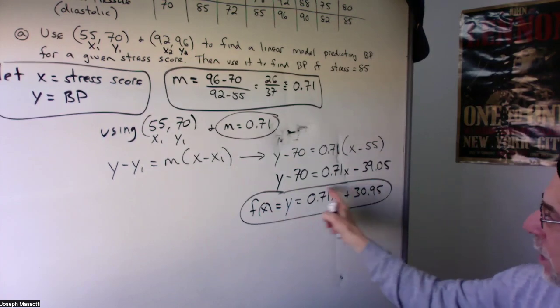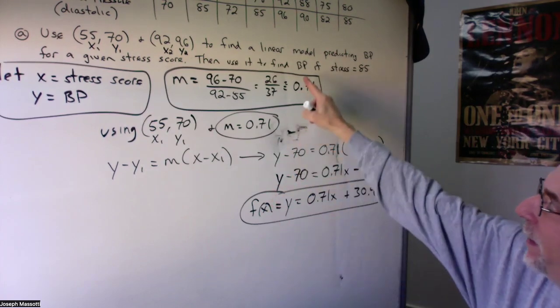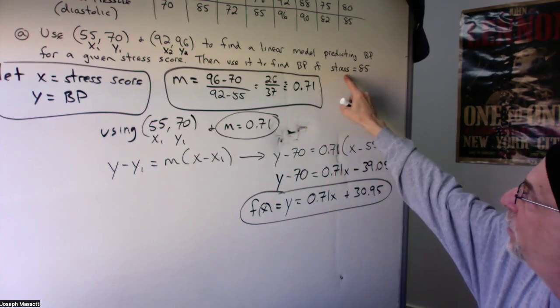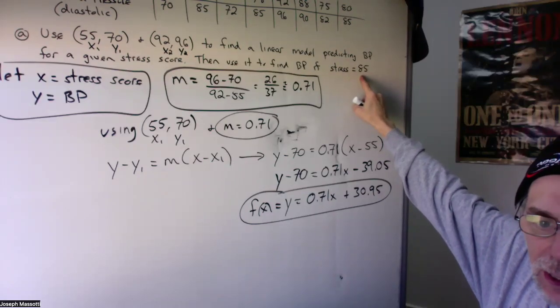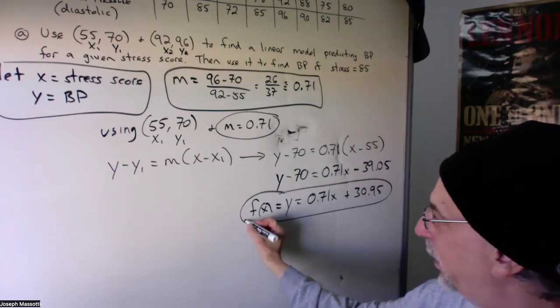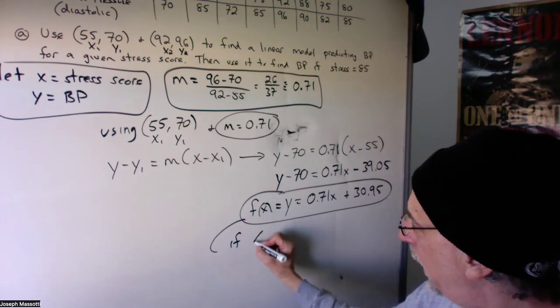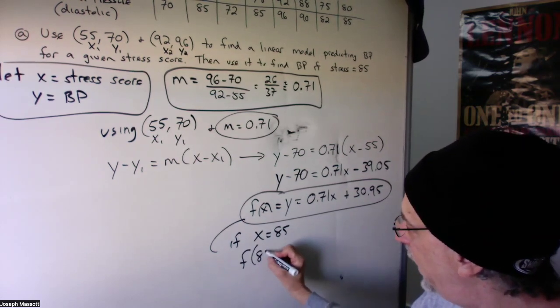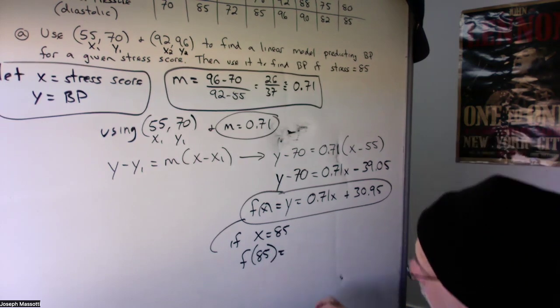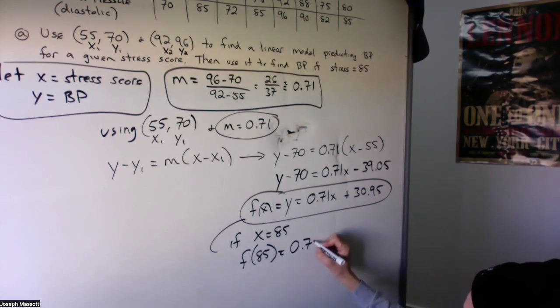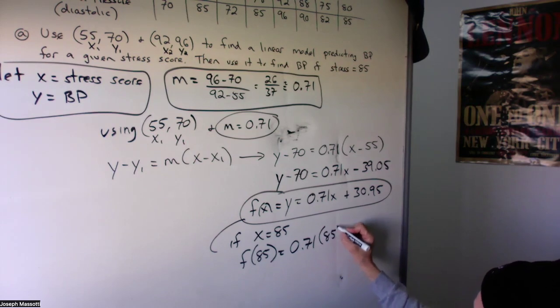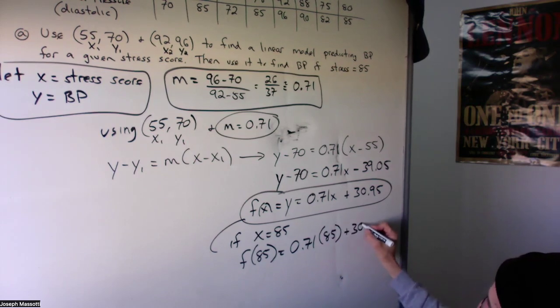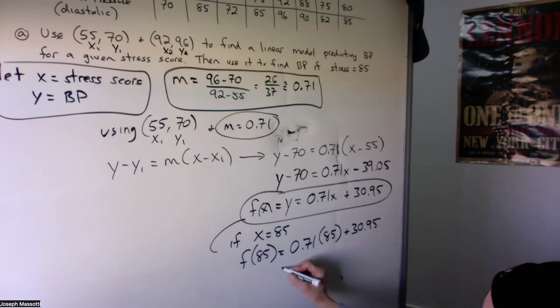This is the linear model that you're asked to come up with, and now you're asked to use it to find the blood pressure if the stress is 85. So if x is 85, then all we're doing is putting 85 into the function, and we're getting 0.71 times 85 plus 30.95.